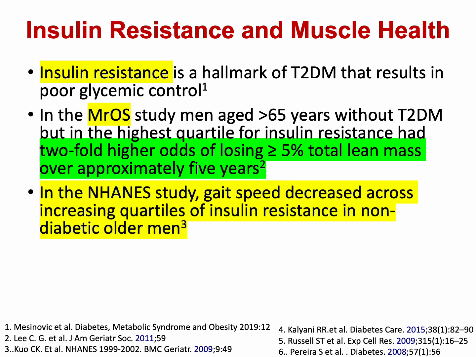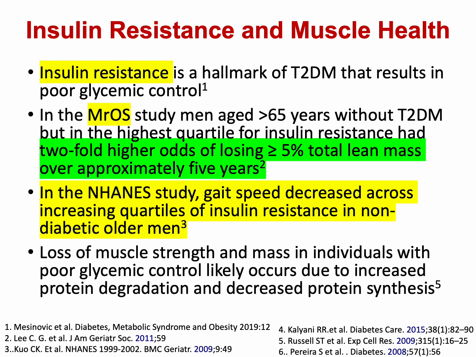The ENHANCE study found that gait speed decreased with higher insulin resistance quartiles in non-DM older men, and loss of muscle strength and mass in those with poor glycemic control likely result from increased protein degradation and decreased protein synthesis.